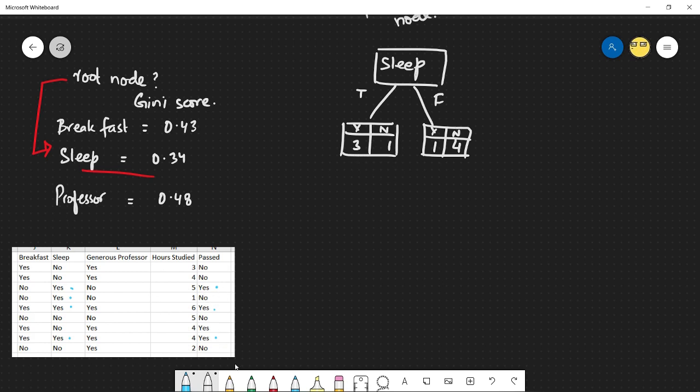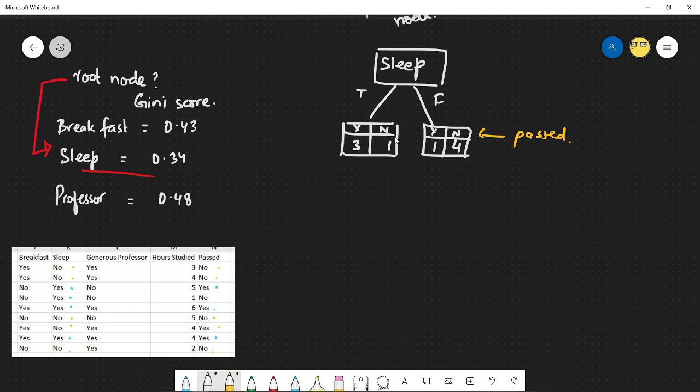When sleep was false, you'll have 1, 2, 3, 4, 5, so the total of 5. For 5 of them, we had 4 no's, and let's see where the last one is. There's the 5th one. So these are all the pass values here.